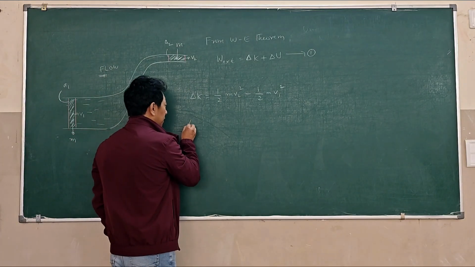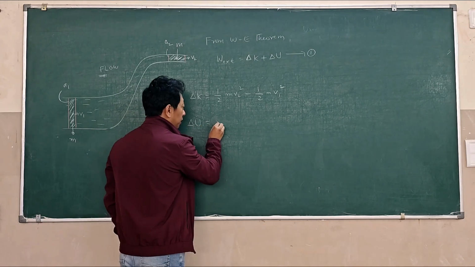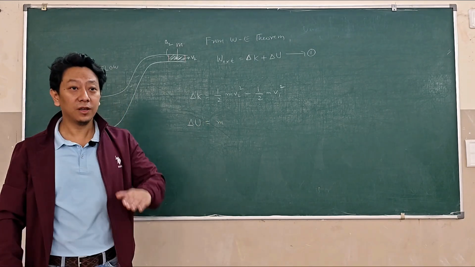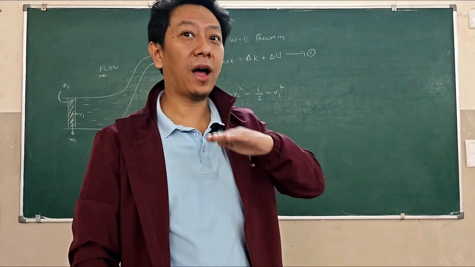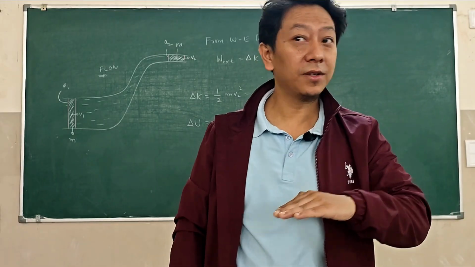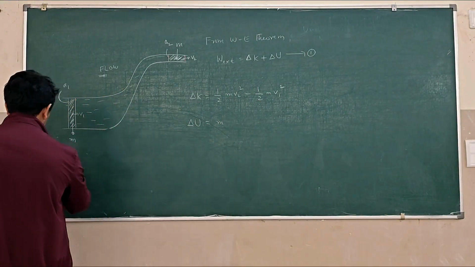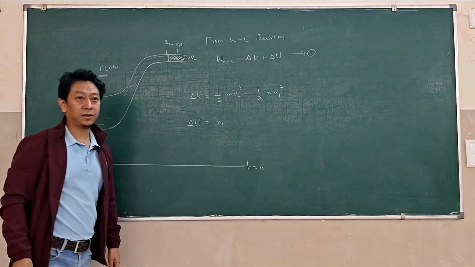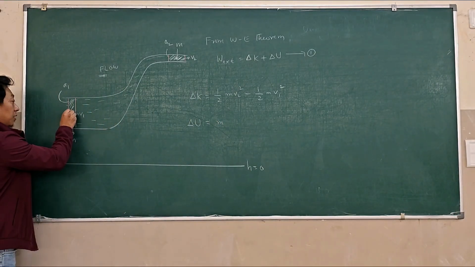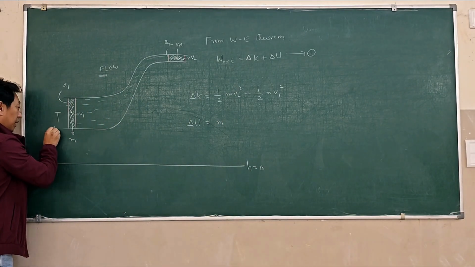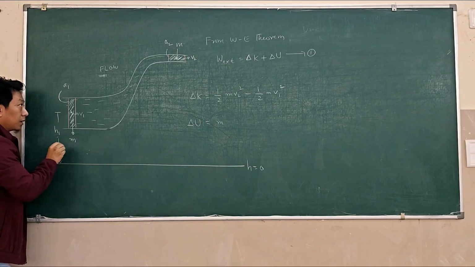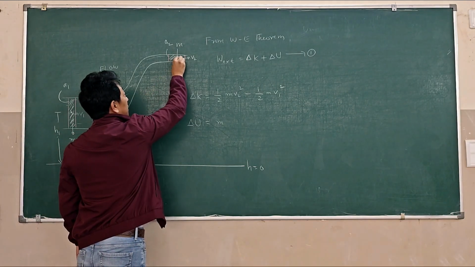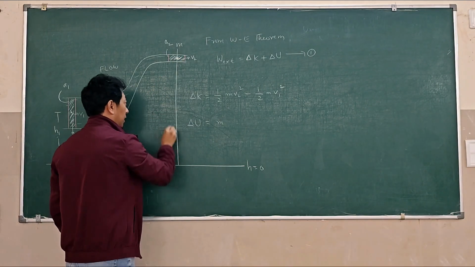What about change in gravitational potential energy? For that we have to measure height, and for height we need to choose our reference, and reference we can choose anywhere we want. Let us choose here. So the center of mass of this, let's say, is at a height h1, and center of mass of this is at a height h2.